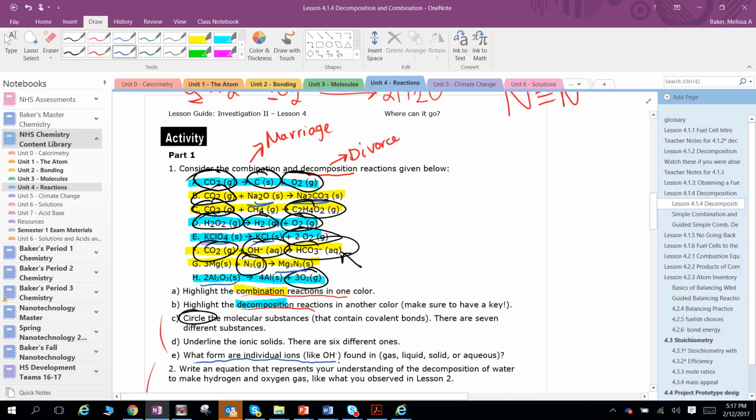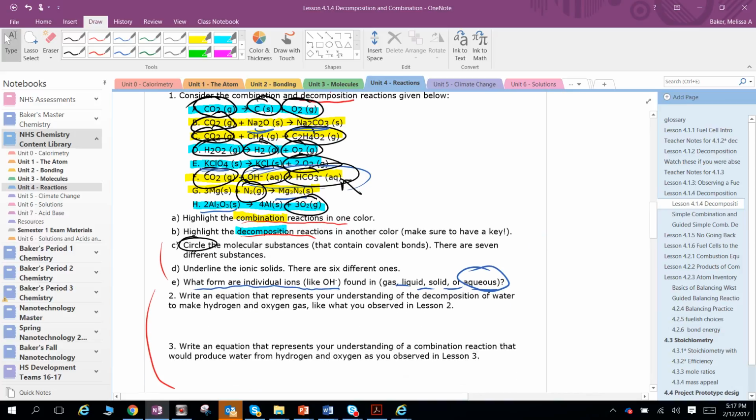What form are individual ions found in? Gas, liquid, solid, or aqueous? And I've already pointed out these ions here, and they are found in the aqueous form, which means they're dissolved in water. 2 and 3 we kind of already did. It says write an equation that represents your understanding of the decomposition of water to make hydrogen and oxygen gas.